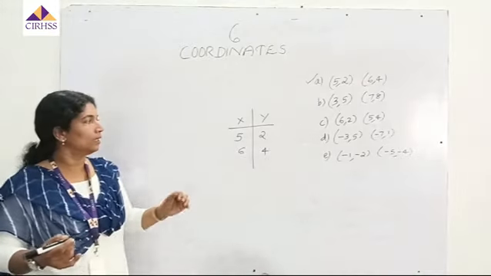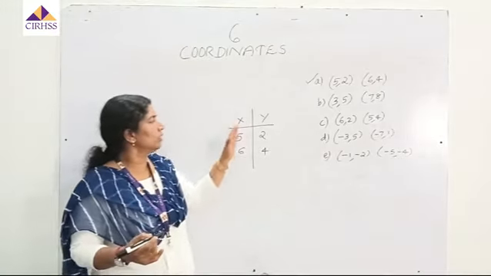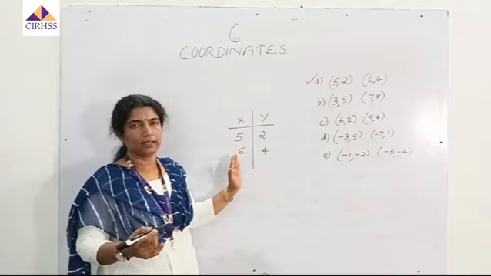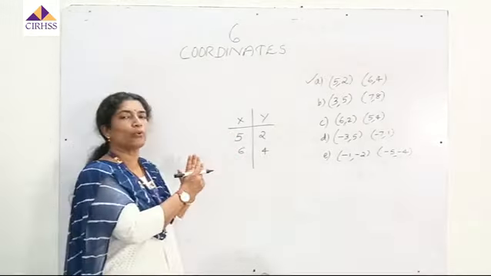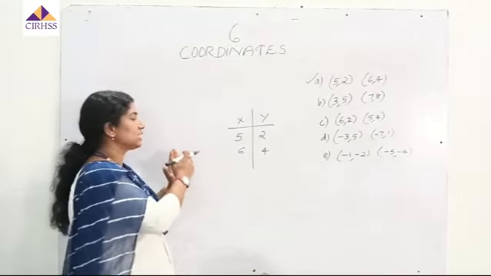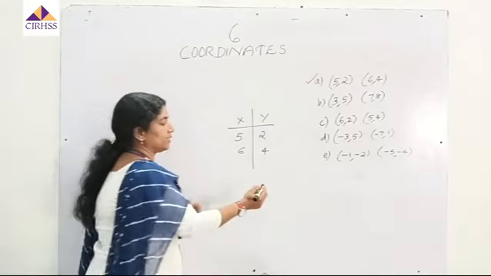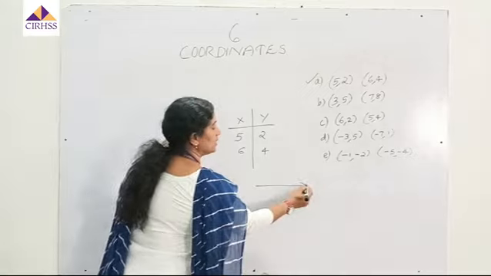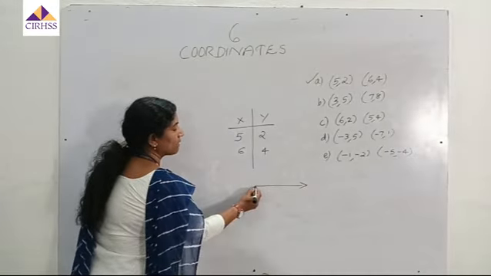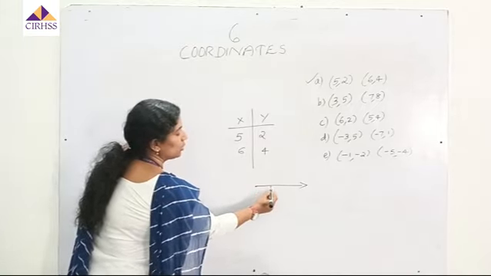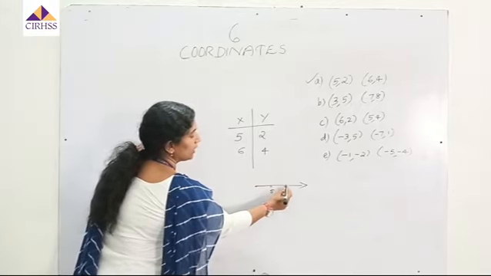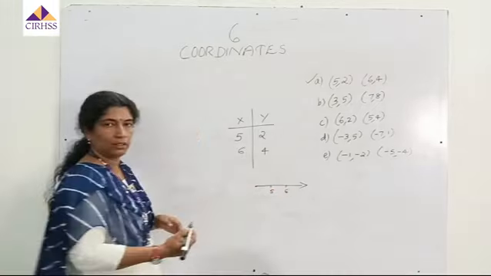Okay. On the x-axis, we already studied that the values of numbers increase from left to right. Then we have 5 and 6. Here we know the first one is 5, then 6.